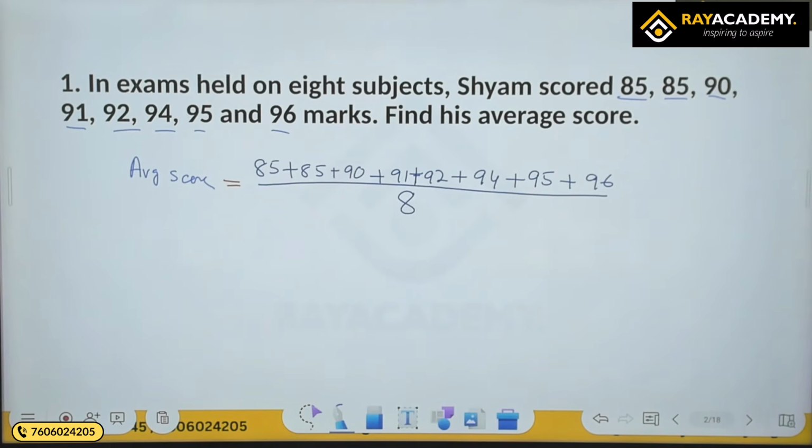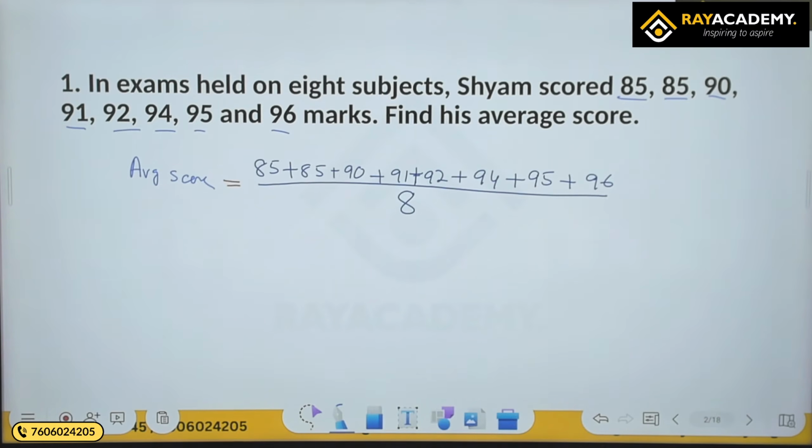So 85 plus 85 plus 90 plus 91 plus 92 plus 94 plus 95 plus 96.